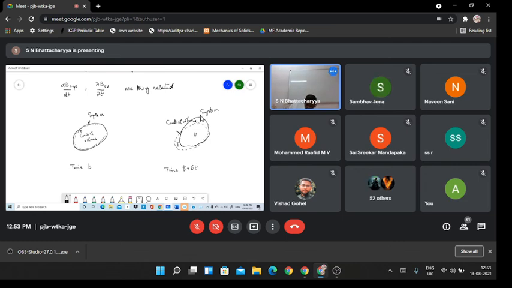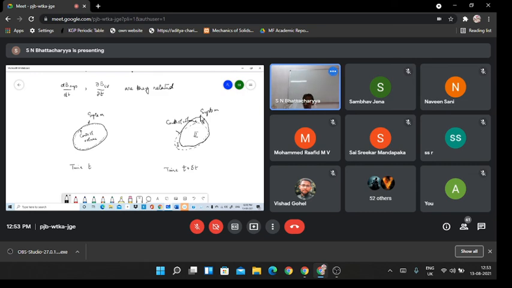Then region 2, which remains in the control volume and the system, both at time t and time t plus delta t. And a region 3, which does not belong to the control volume, but which is included in the system at t plus delta t, because material which was in the control volume at t has moved out to this region during the interval delta t.